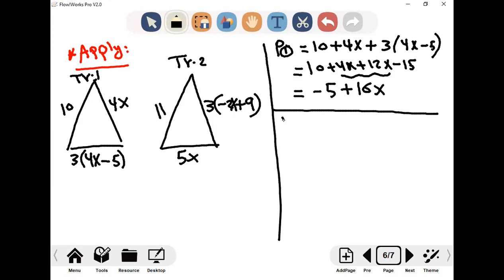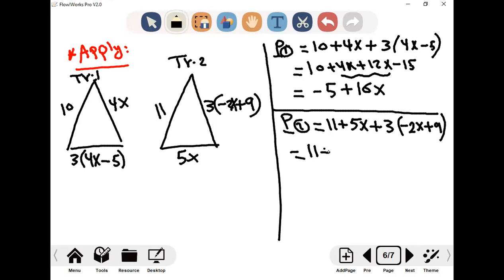Now we'll do the perimeter of triangle 2 in simplest form. 11 plus 5x plus 3 multiplied by (negative 2x plus 9). Simplify. Now distribute, first you need to get rid of the parentheses.